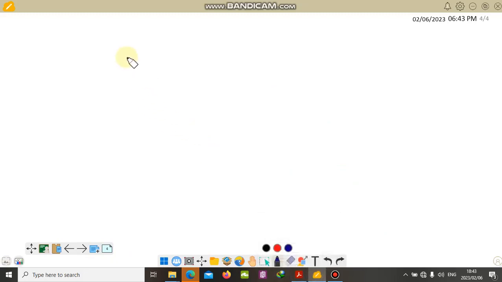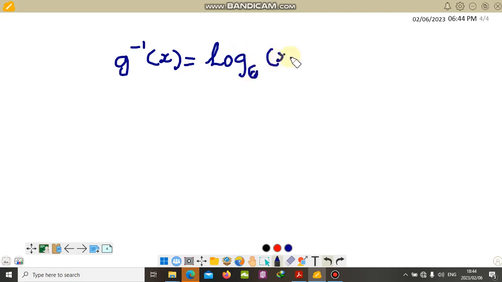So the graph of g, g inverse, the graph of the inverse, is equal to log base 6 of x, right?